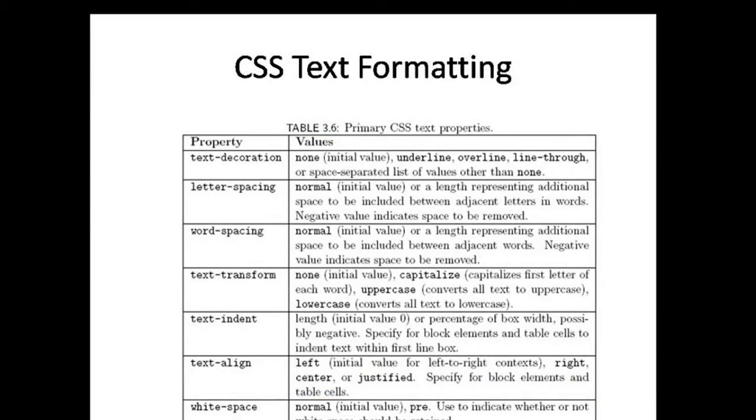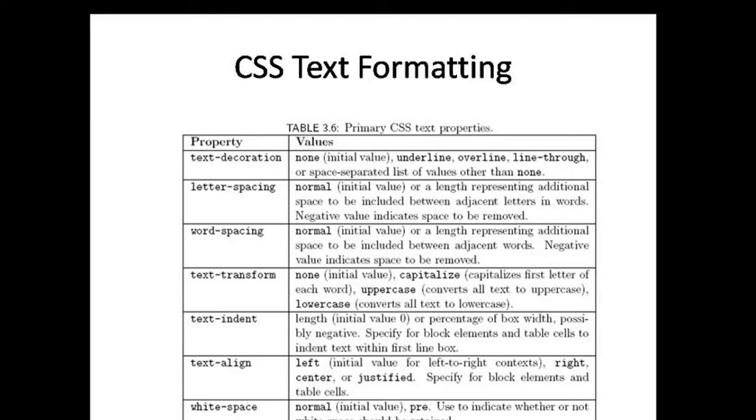Then CSS text formatting can be done with the help of these particular properties and their values. Text decoration can be none, underline, overline, or line through, or a space separated list of values other than none. Then letter spacing can be provided by this property, like normal or whatever you want to put. Then word spacing can be normal.